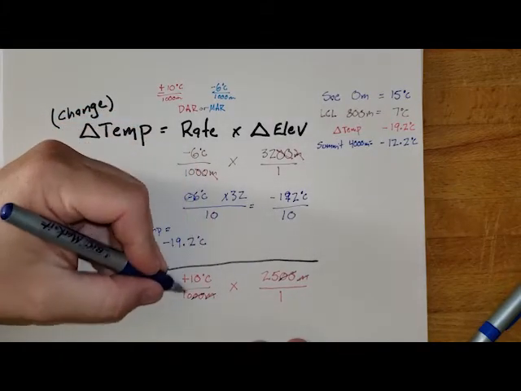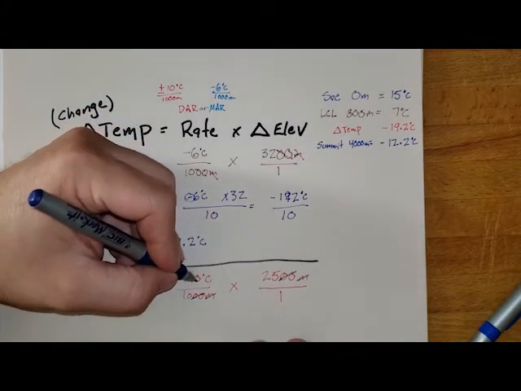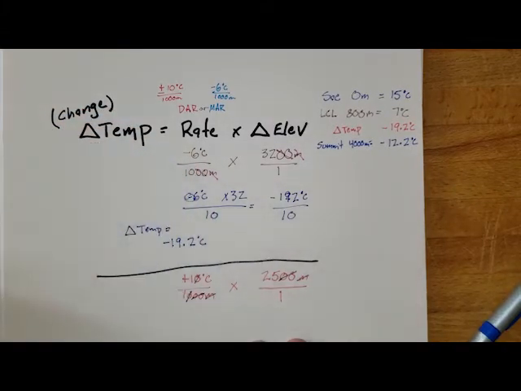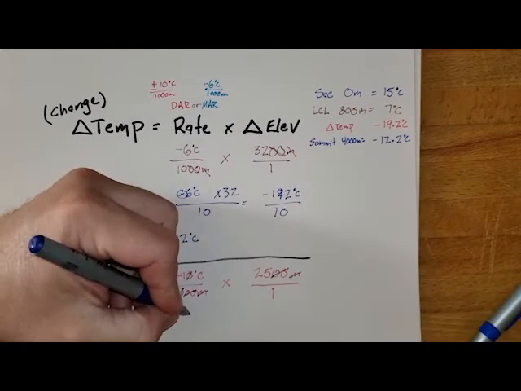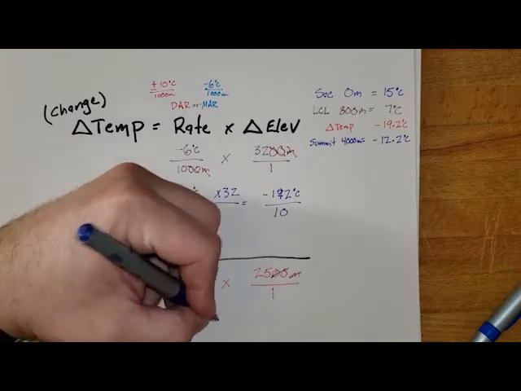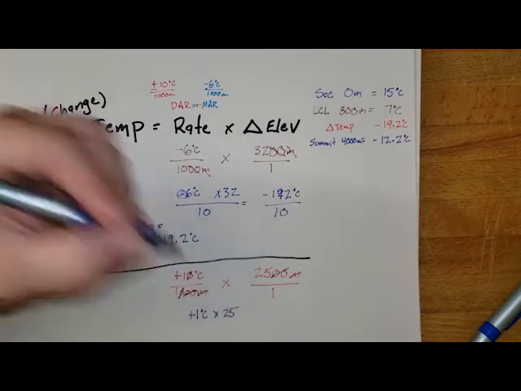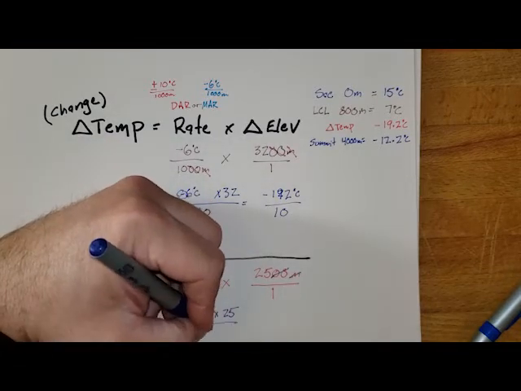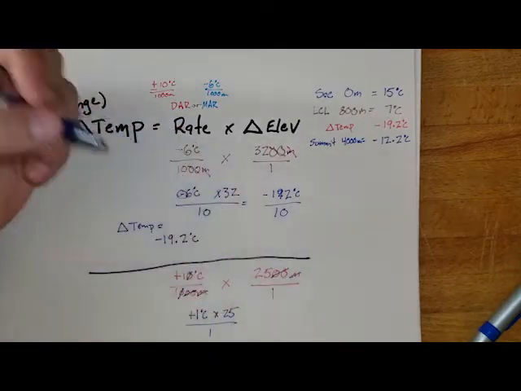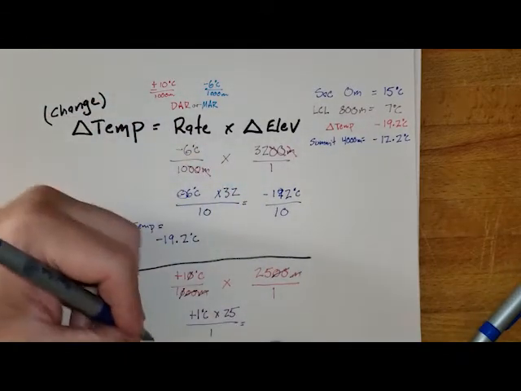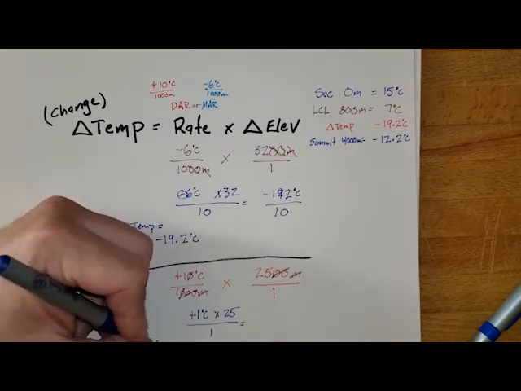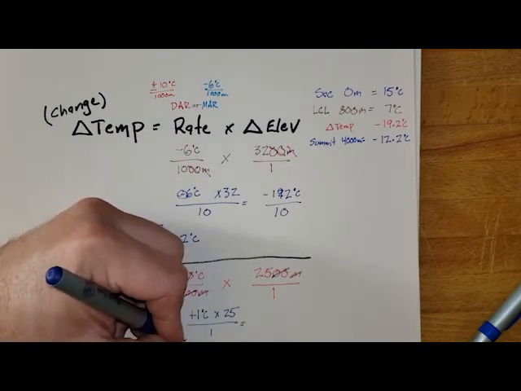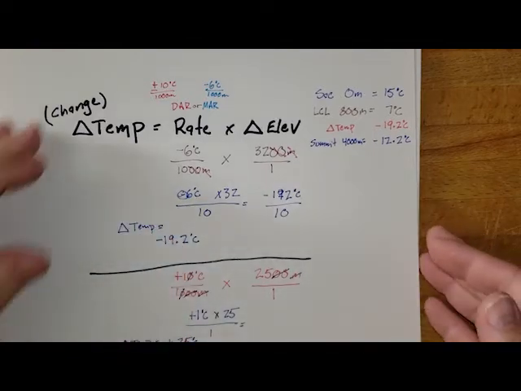Okay, then I've got 10 over 10, so I can do that as well. So now what do I end up with? I end up with positive 1 degrees Celsius times 25 all over 1. 1 times 1 equals 1. And so my change in temperature is equal to positive 25 degrees Celsius.